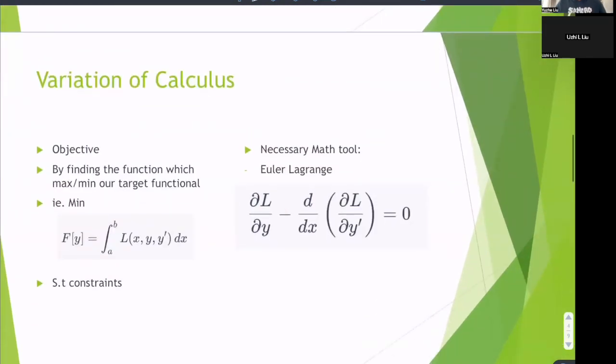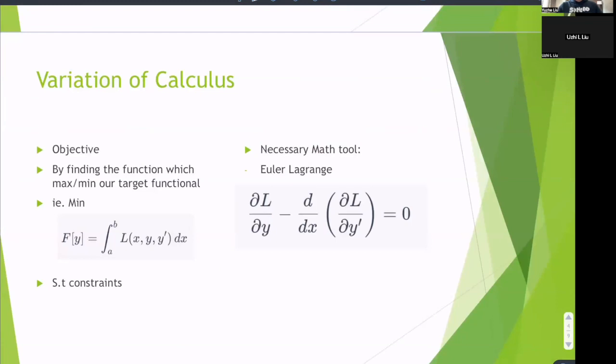Now we come to our topic today, variation of calculus. We recall in our course, our objective is just to find extremal values. Here we're doing the same thing, but unlike what we've learned before, we're minimizing or maximizing a functional, not a function.